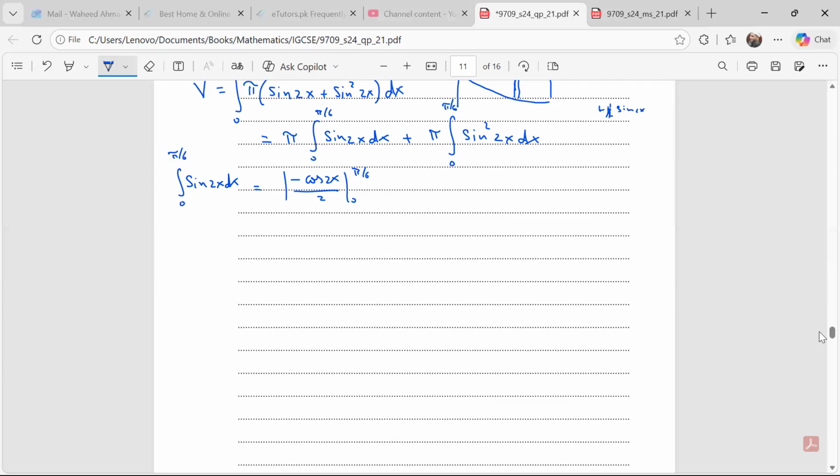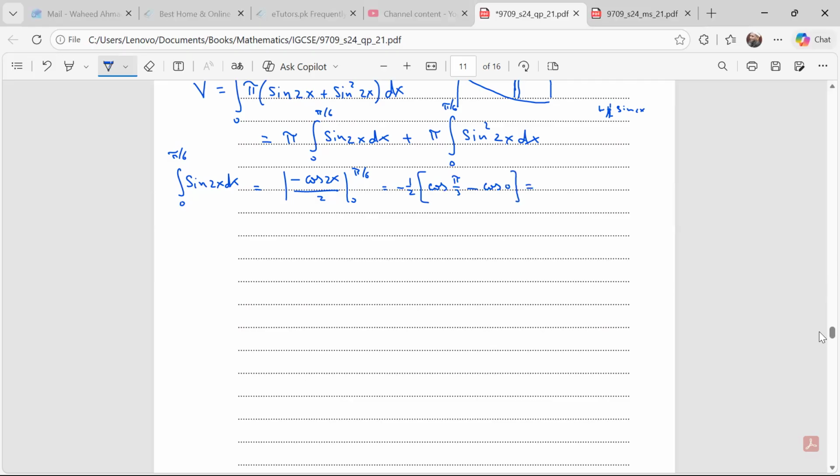Okay, and now I will take minus 1 by 2 outside. Inside I have cos 2x. So cos of 2 times pi by 6 becomes pi by 3, right? Pi by 3 minus, when I put the 0, it's going to be cos of 0.